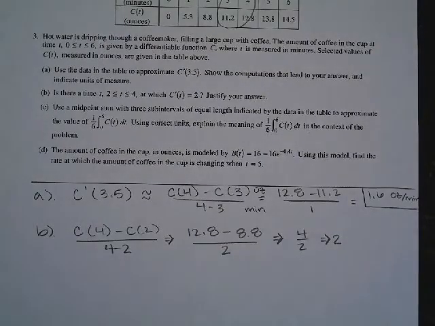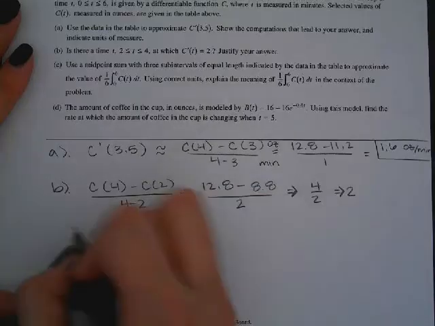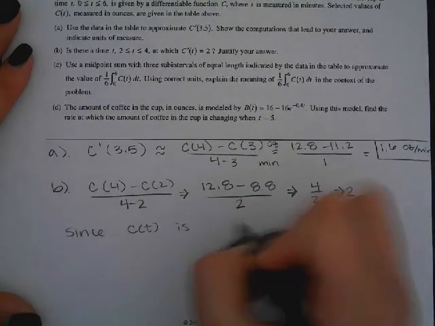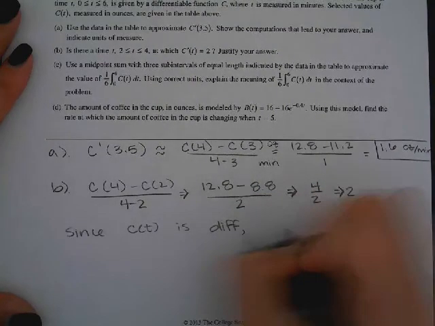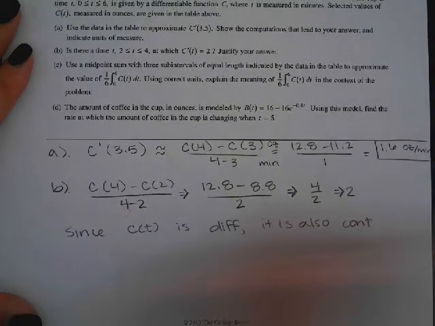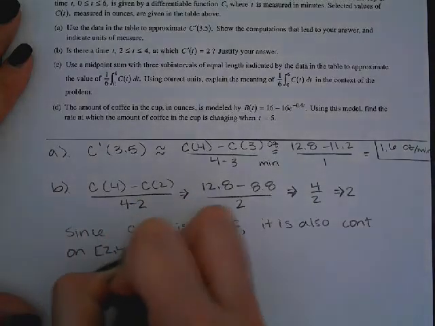Here it says that the table is differentiable. That means that the table should also be continuous. So I'm going to say since C of t is differentiable, it is also continuous on [2, 4].